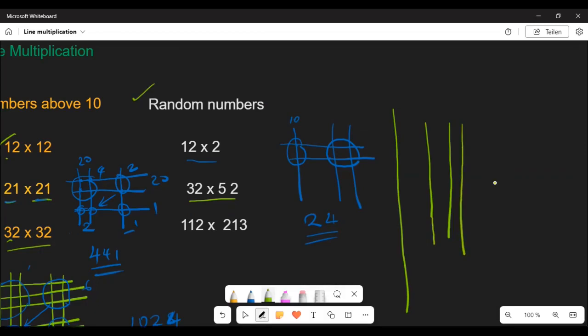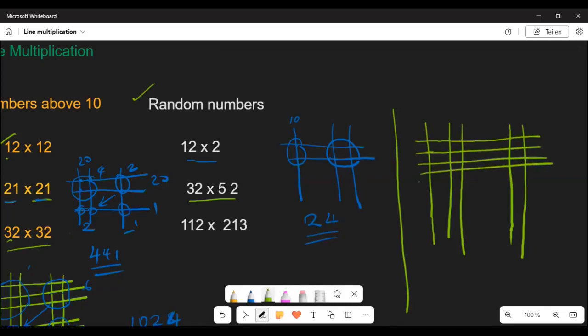So that stands for 30. And then we have 2, 32. And then multiply by 50. So we're going to have here 1, 2, 3, 4, 5, and also multiply by 52.